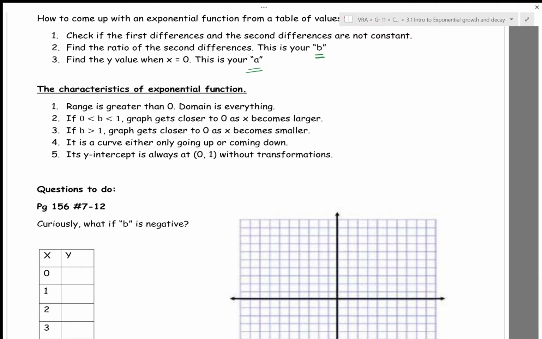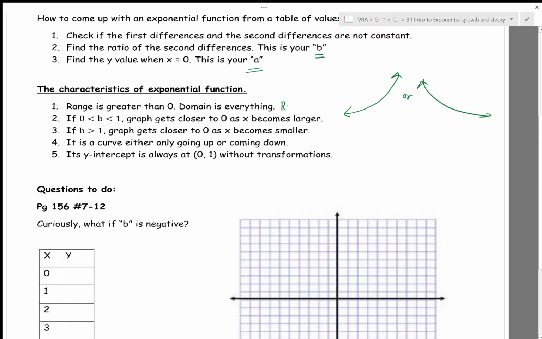Now, the characteristics that we have to be careful of, again, is this. Since the graph is going either this way or this way, we know that the domain is all the real numbers, because it just keeps going. However, the range is slightly different because I forgot to put it here.